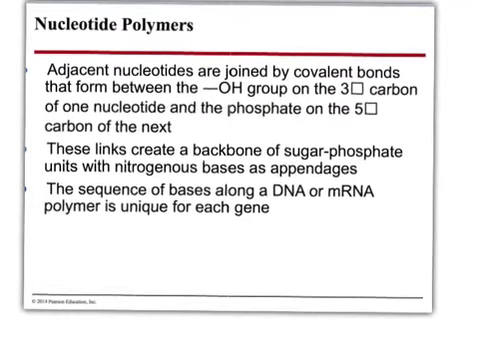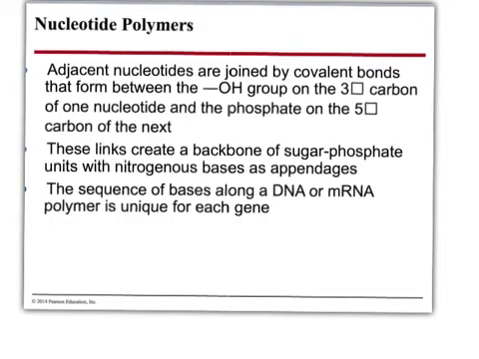So your adjacent nucleotides are joined by covalent bonds that form between the OH group on the 3' carbon of one nucleotide and the phosphate on the 5' carbon of the next. This creates your backbone, what we call a sugar phosphate backbone. Because if you went down one of the strands of DNA or RNA, the backbone is phosphate, sugar, phosphate, sugar.